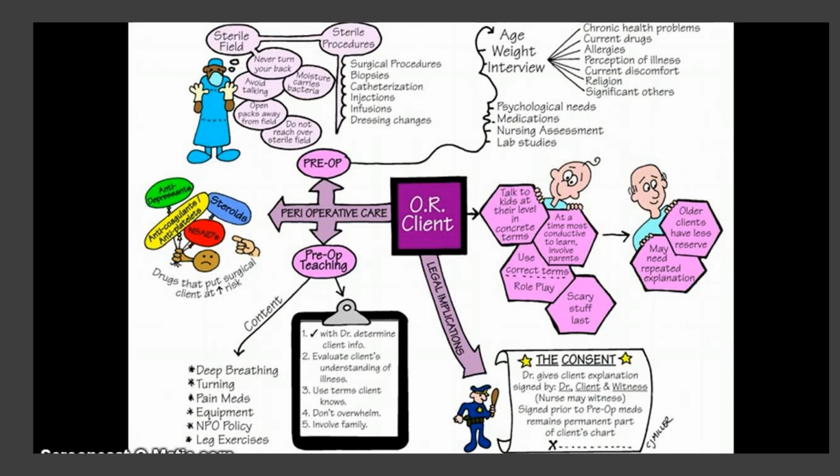If it's a GI issue, you want to teach early ambulation. They're going to be on a PCA pump maybe, or some pain medicine that's going to slow down the peristalsis, and they could get a bowel obstruction. So if you teach that early ambulation, that can prevent that. It helps kind of speed that peristalsis up.